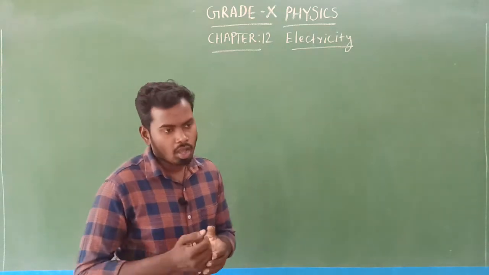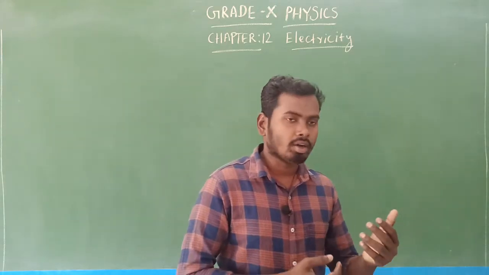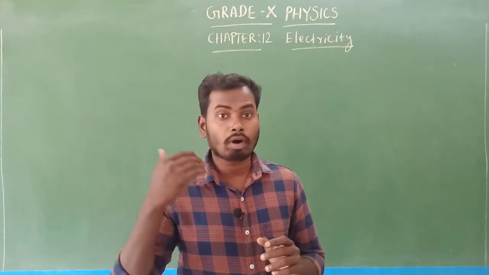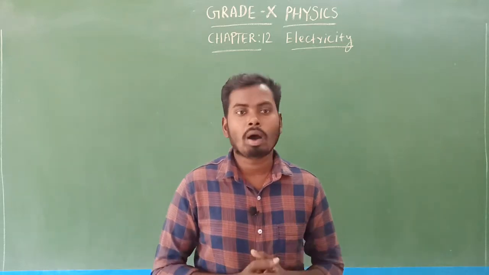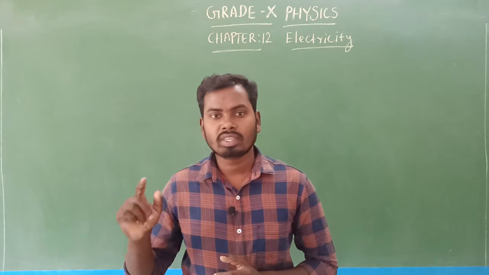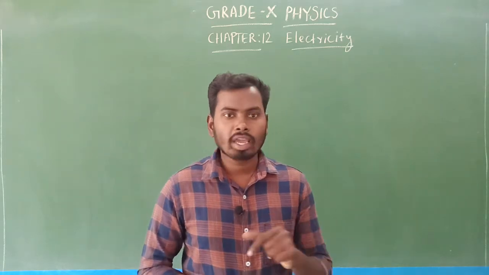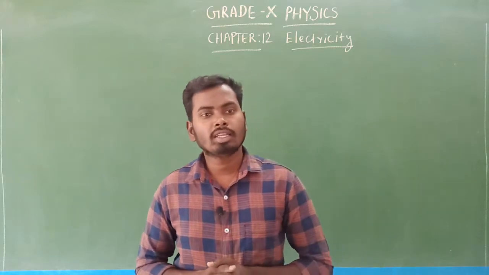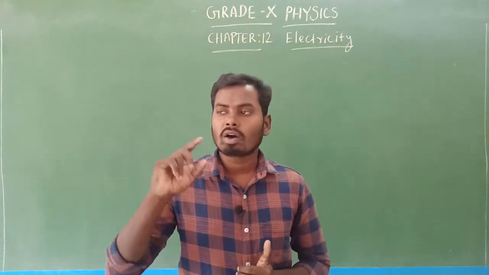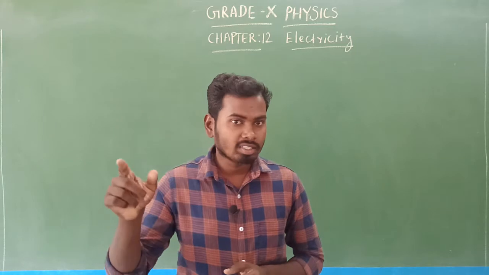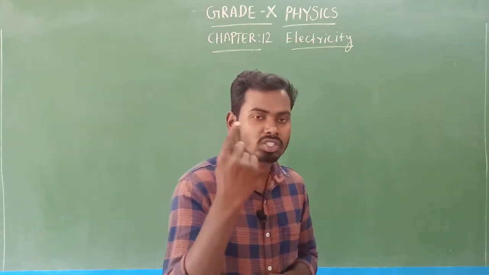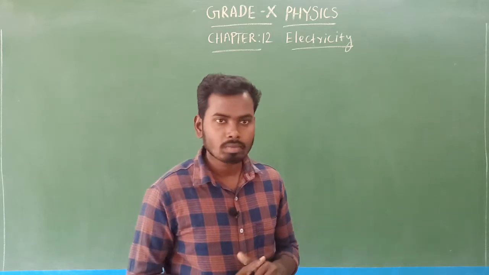We can find out how many charges constitute 1 coulomb by the formula Q equal to NE. Here Q means the electric charge, N is the number of electrons, and E is the charge of an electron, which means a single electron's charge.